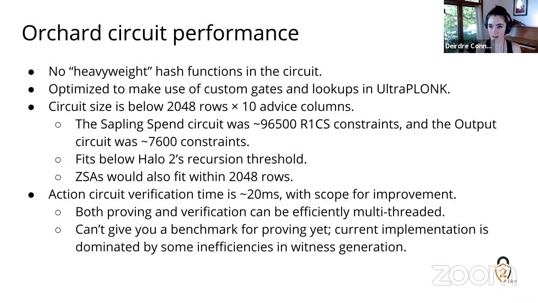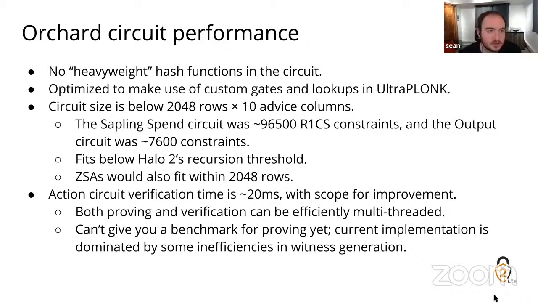Okay, Dara, can you talk about the circuit? Yes. So Deirdre talked a little bit about removing the heavyweight hash functions. Blake2s is not normally considered heavyweight outside a circuit, but in a circuit, it takes 26,000 odd constraints, R1CS constraints, I think. 21,000.